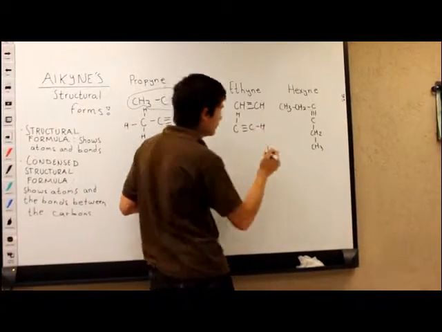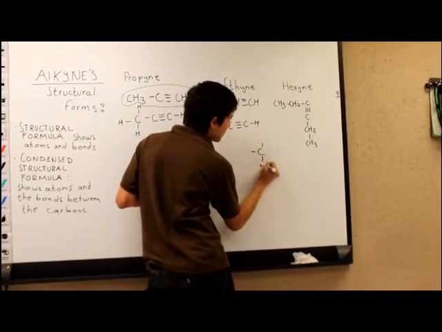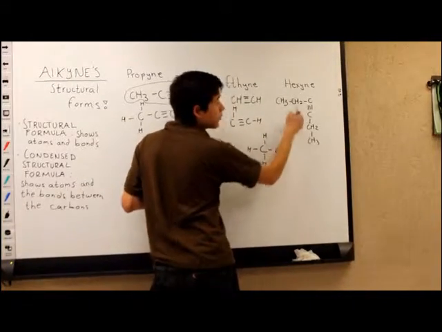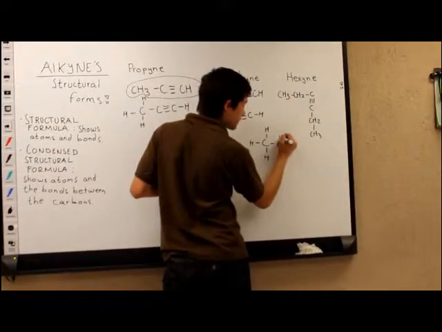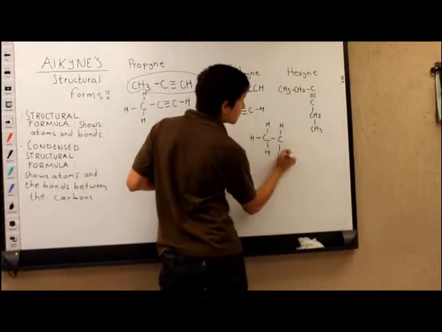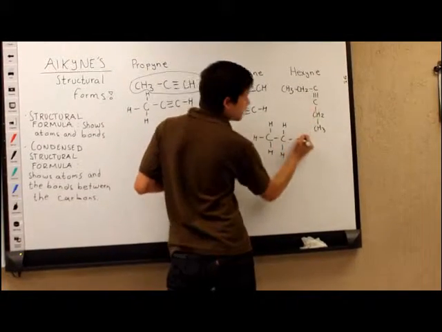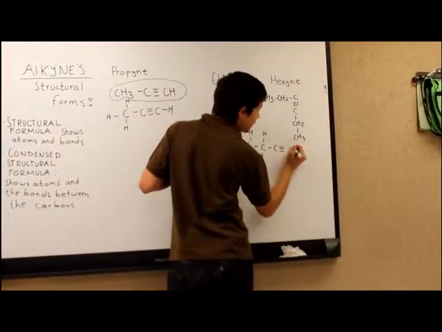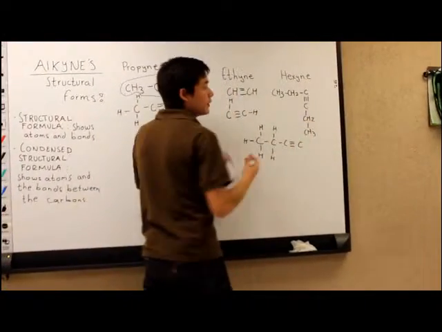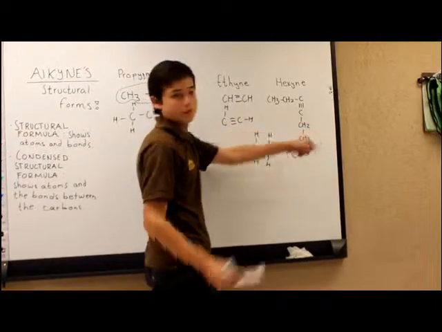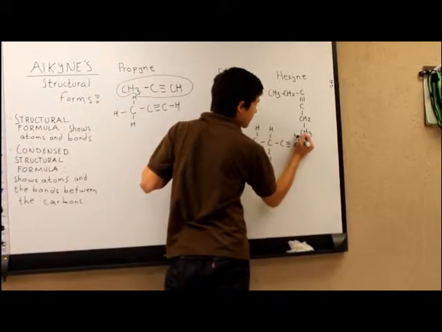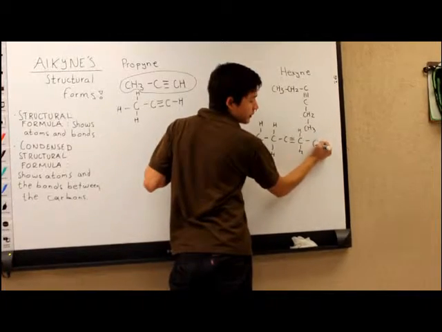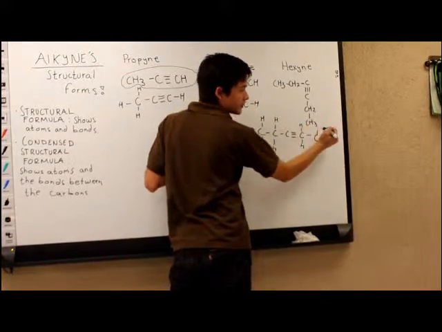You just expand it. Another carbon and 2 hydrogens. Another carbon and the triple bond. Another carbon, and here how many hydrogens do we have? 2, so we're going to put 2. And finally, the final carbon with 3 hydrogens.